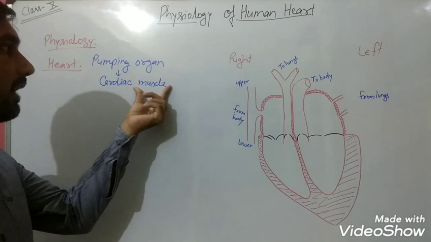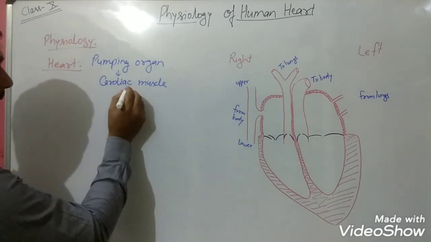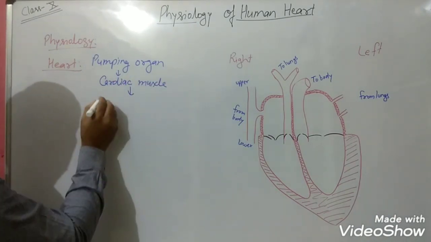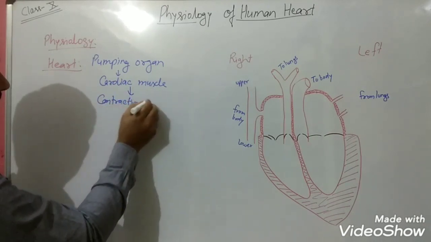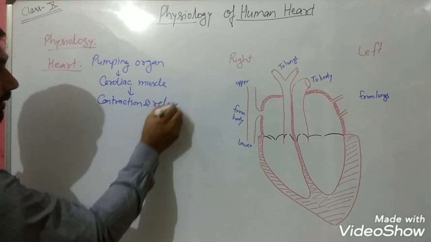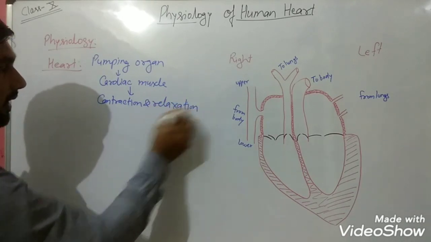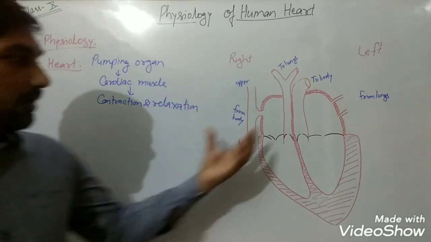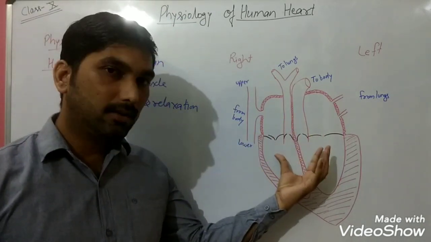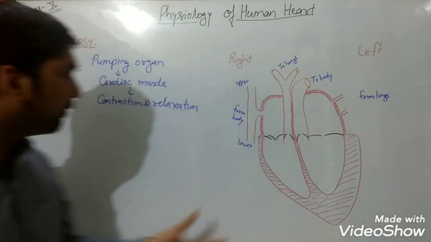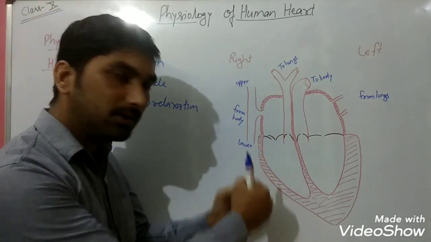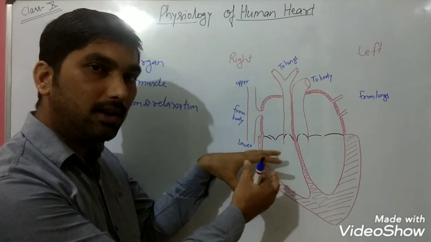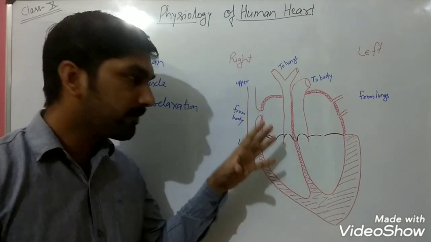So if the muscle is there, it means the physiology of the muscle is what? Contraction and relaxation. So the blood is pumped from our heart due to the contraction process, and during the relaxation process the blood will be filled in these four chambers.